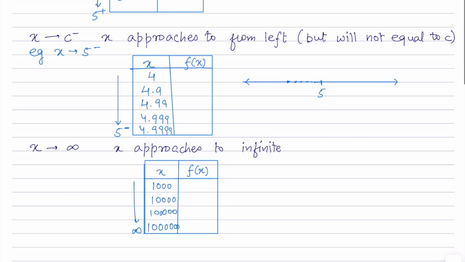And when we say x is approaching to negative infinity, so this means x approaches to negative infinity. So the value of x is decreasing without any bounds.